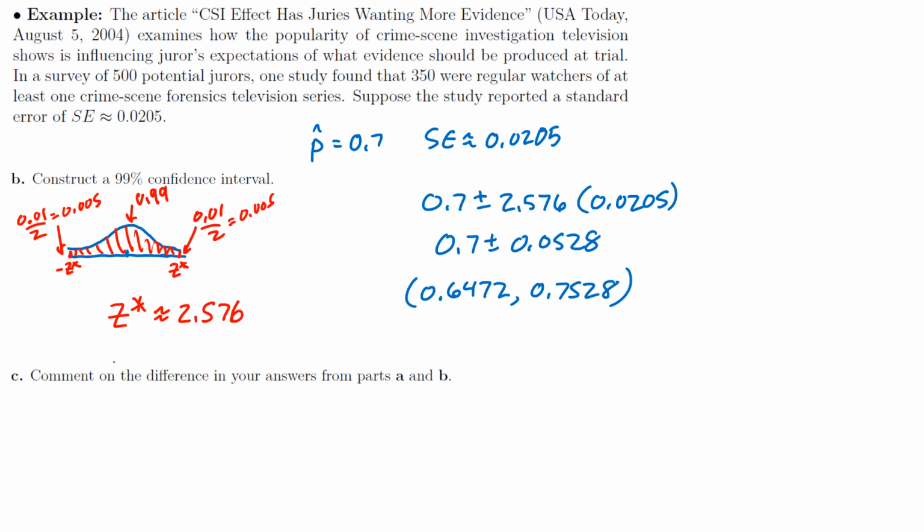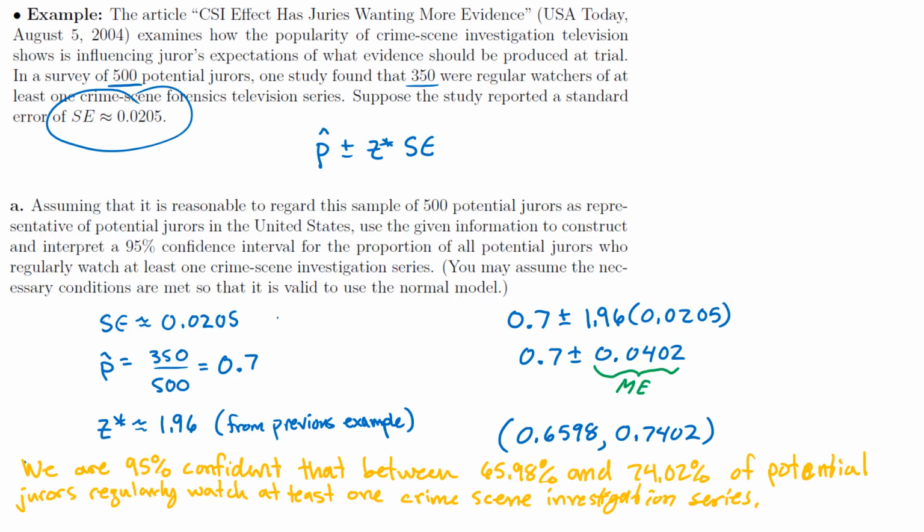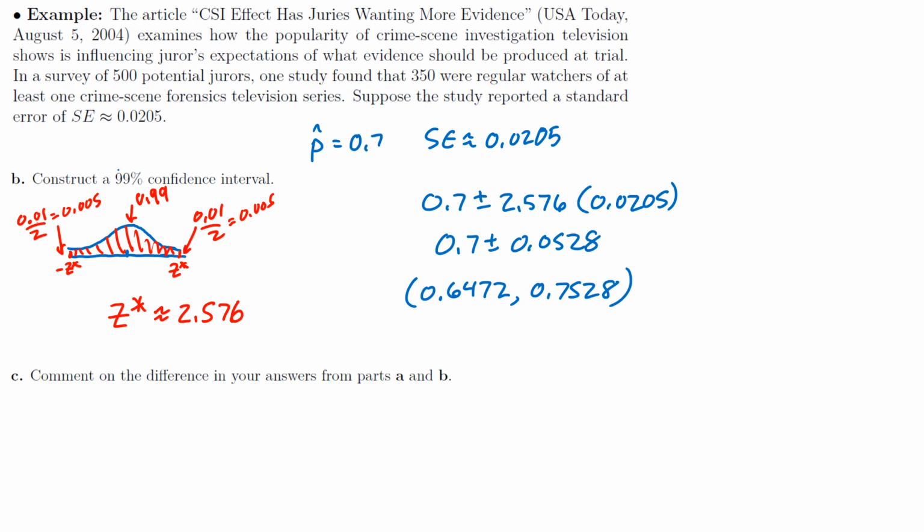Okay, now part C wants us to comment on this difference, right? So this one was wider than this one, as you can see. Why is that? Well, we were more confident that the true proportion is in this interval. So if you want to increase your confidence that you capture the true proportion, then you better widen out your guess in order to be more confident that you've captured the true proportion.